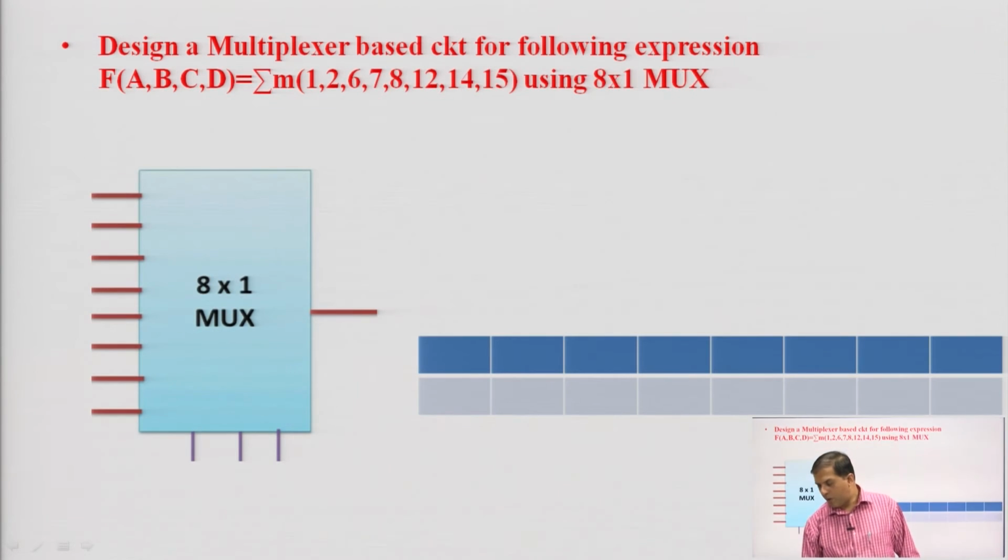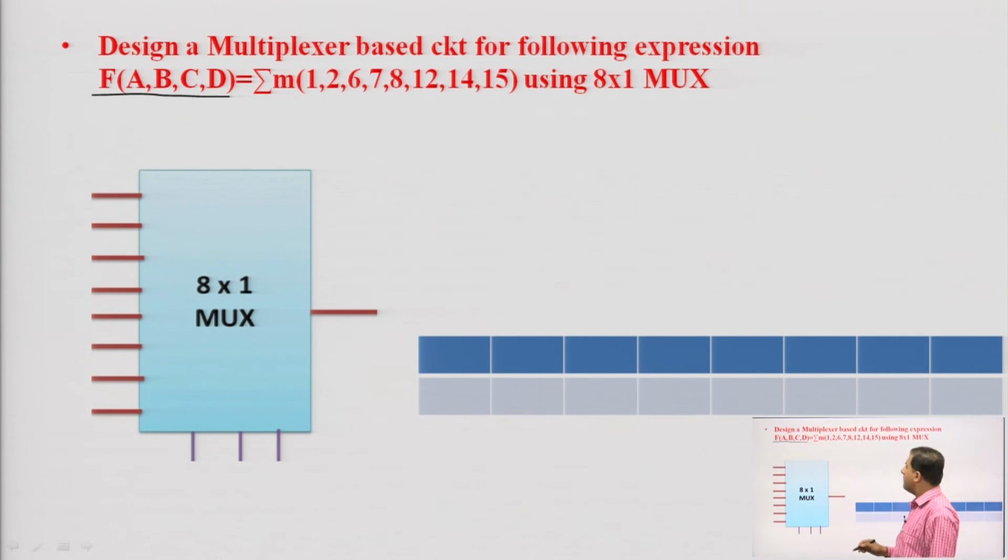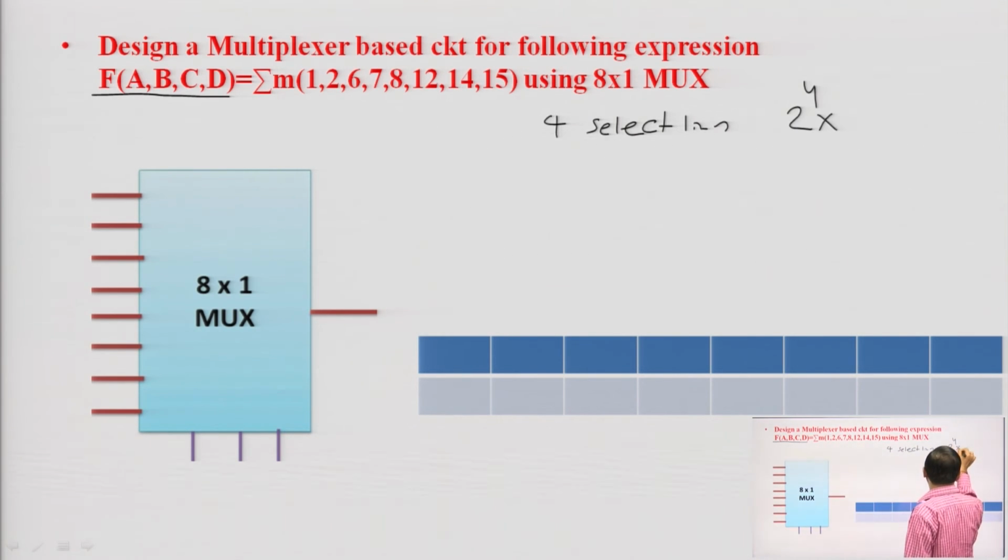But the problem comes where the number of variables is A, B, C, D, which means 4 variables. So, 4 select lines means the actual size of the mux is 2 to the power 4 cross 1, that is a 16 cross 1 multiplexer.